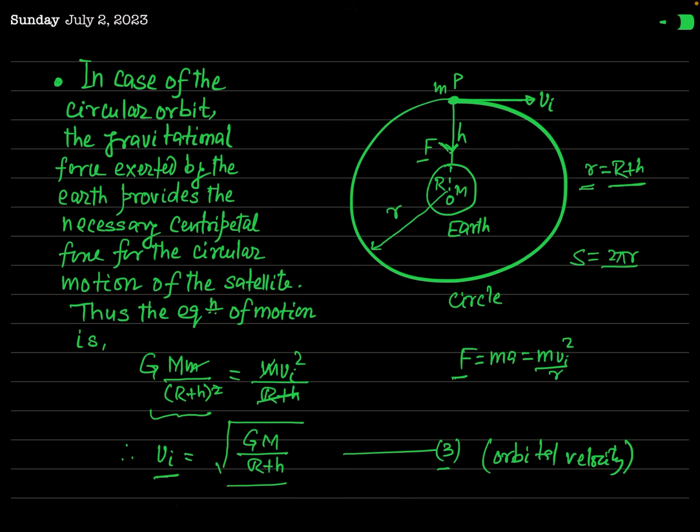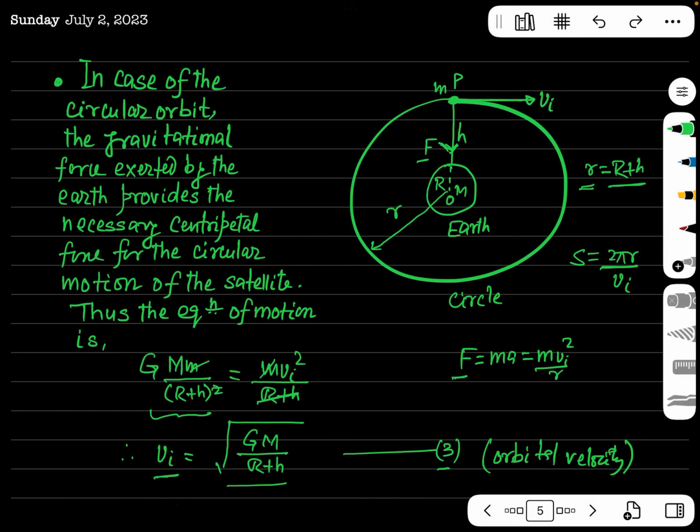This distance is described by the satellite with a constant speed vi. So when you divide the distance covered by the speed, you get the time period.